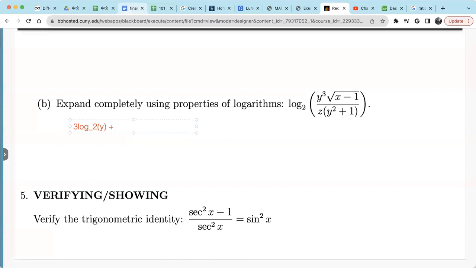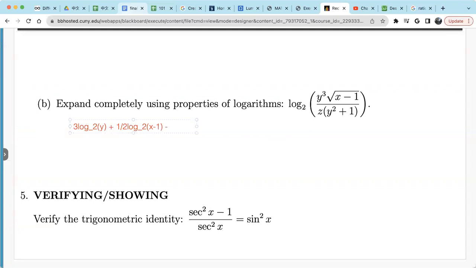Then plus log base 2 of square root of x minus 1, which is, you see, we have a half in front of the log. And for the square root of x minus 1, we don't need to put parentheses because it's inside the square root. We just put x minus 1.